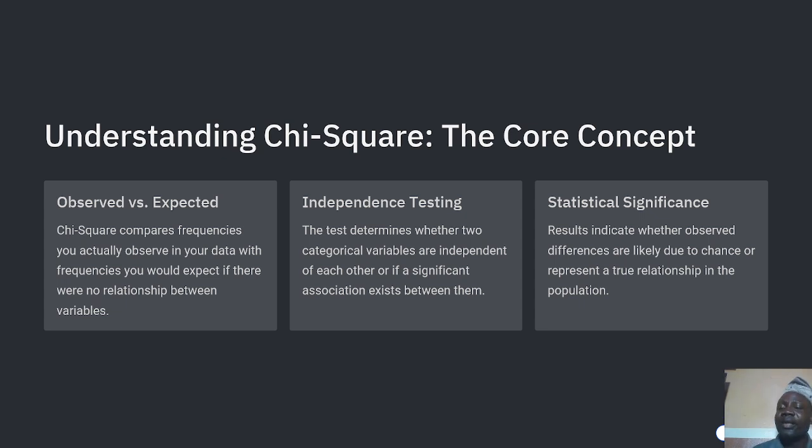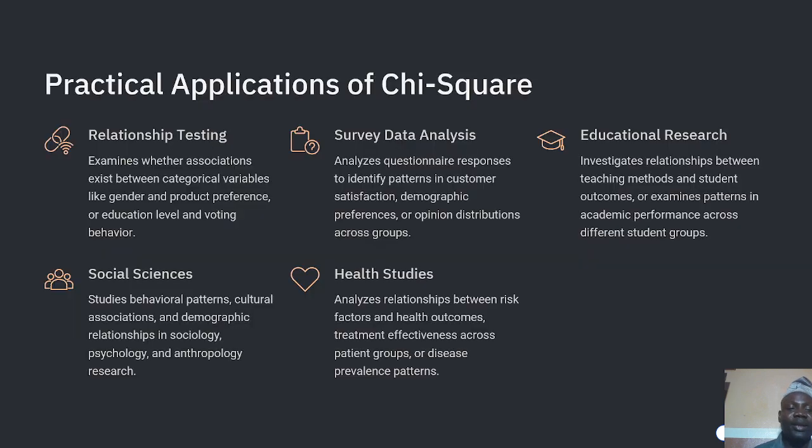So then we have the statistical significance. It will tell us whether the observed differences are likely due to chance or represent a true relationship in the population.